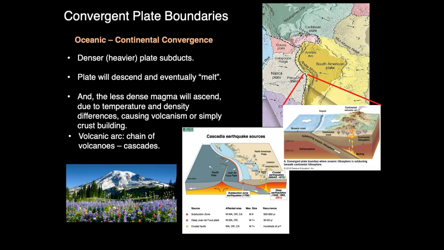So as can be seen in the diagram on your screen, along with Mount Rainier as one of the volcanoes from this volcanic arc in the picture there. This volcanic arc is caused by the subduction of the Juan de Fuca plate underneath the North American plate. So you're seeing the Juan de Fuca plate right here being subducted underneath the North American plate.